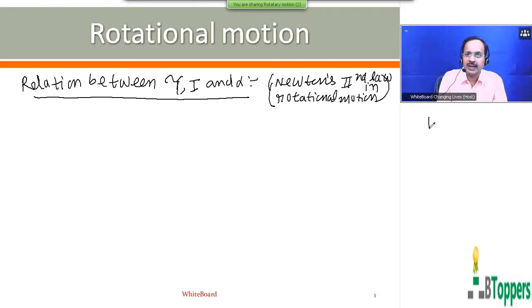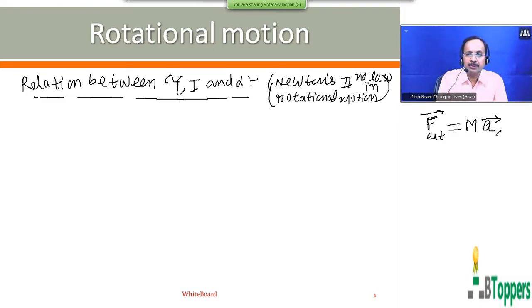When several external forces act on the rigid body such that the mass of the body does not change with time, the vector sum or resultant of all the external forces acting on the rigid body can be written as the product of the mass of the rigid body and the linear acceleration of the center of mass of the body.